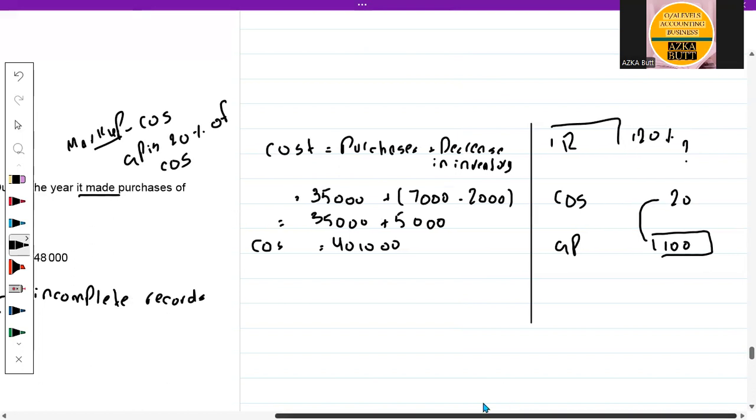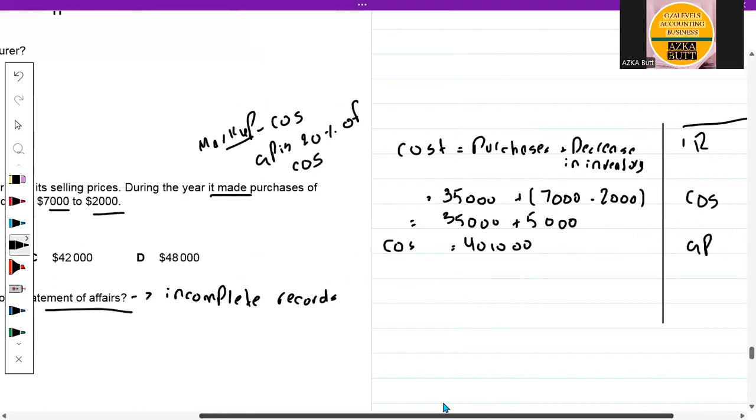So since the business uses a 20% markup, the selling price is 120% of the cost of goods sold. That's why we multiply the cost of goods sold by 120%.